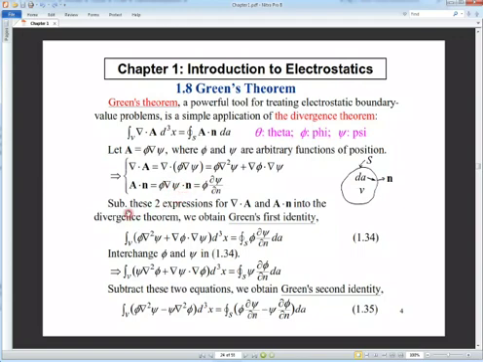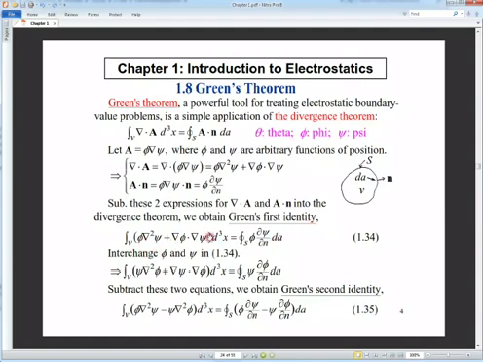So substituting these two expressions for divergence A and A dot n into the divergence theorem here, we obtain Green's first identity, this equation.